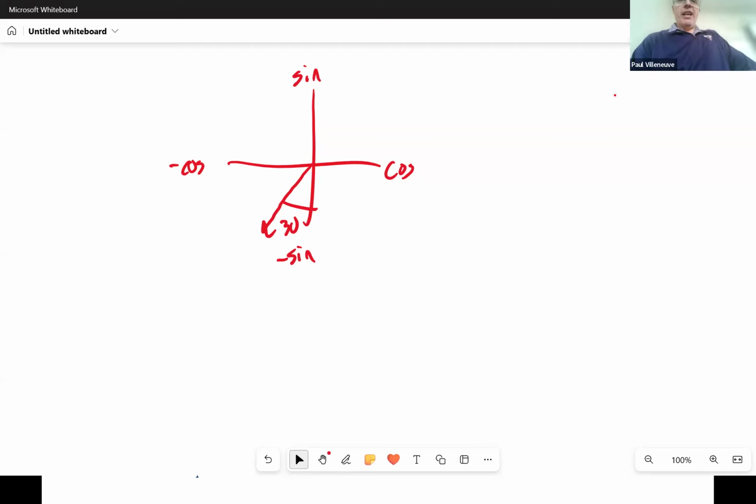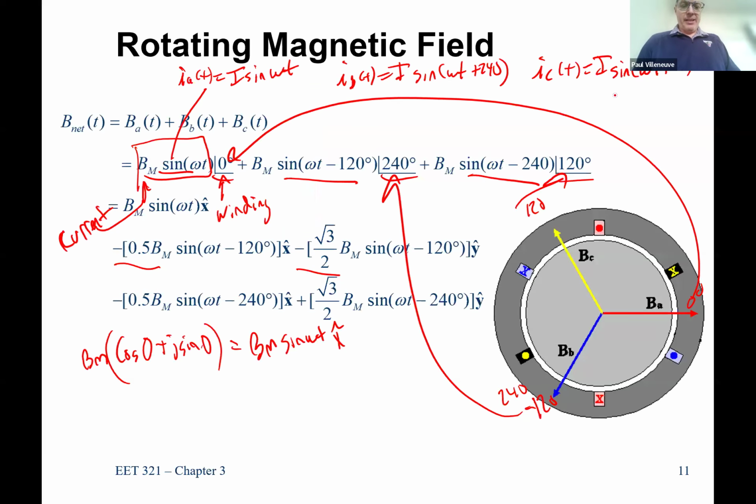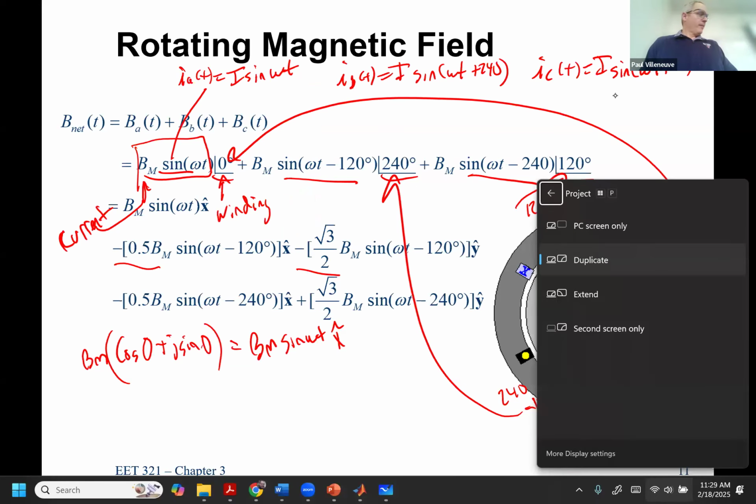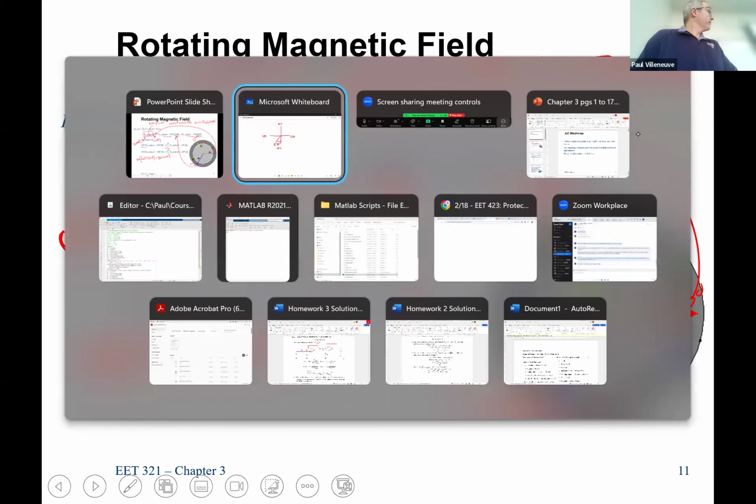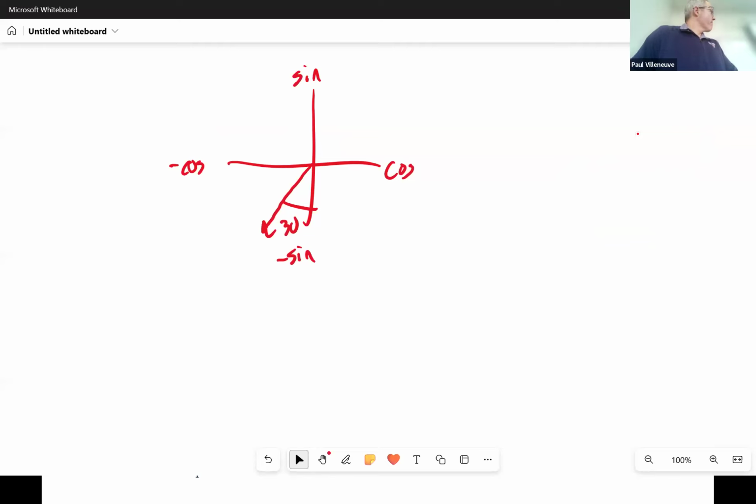how can I do this? Well, I can do one of two things. I can just say Euler's identity, which is, whoops, I did it again. I don't know what happened. What was that cheat key to switch back? What did you call it? Windows P. Windows P. But it isn't because I don't see it on the screen. Still not duplicating.